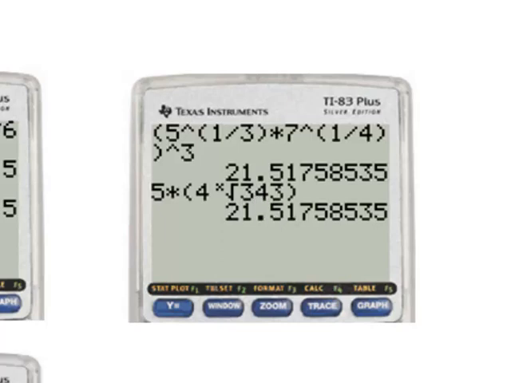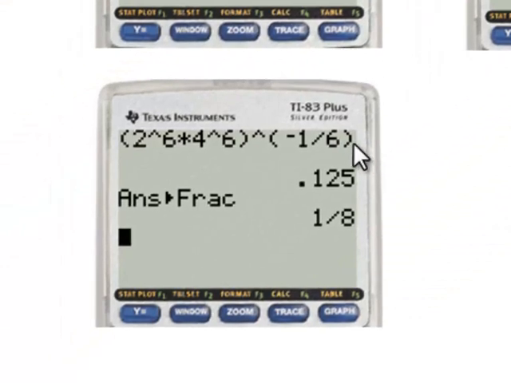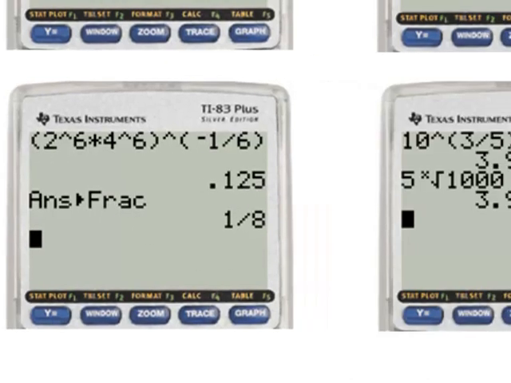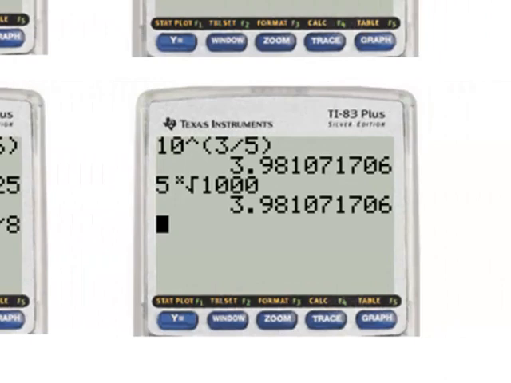Part C, we have the answer being 0.125, and you change that back to a fraction, you get 1/8. It checks. And D, 10 raised to the 3/5 power, is the same thing as the fifth root of 1000.